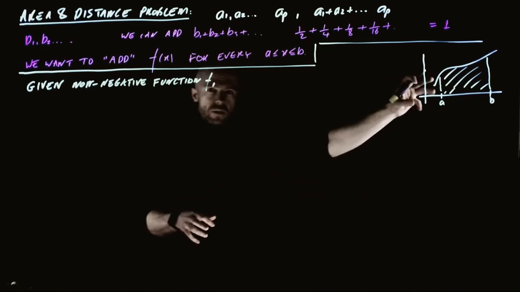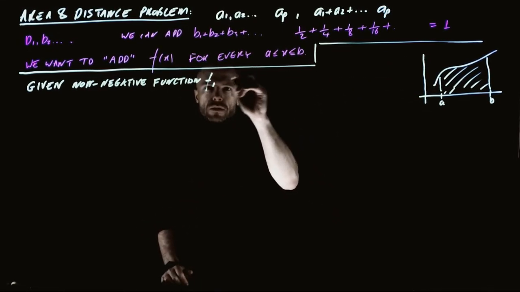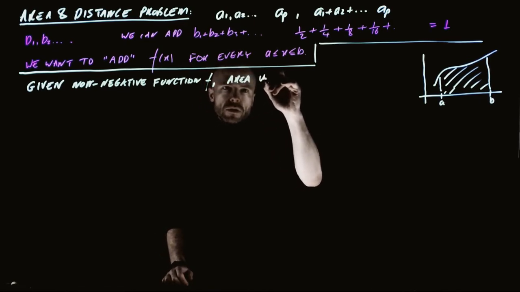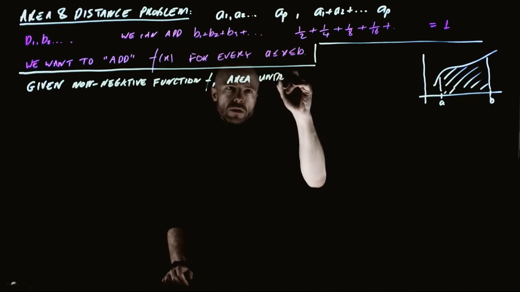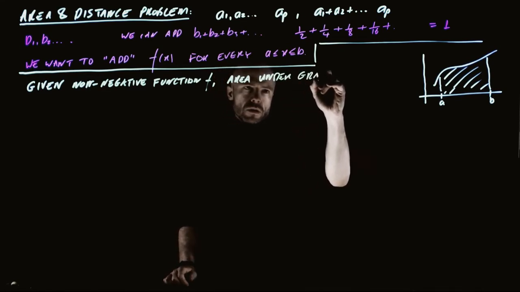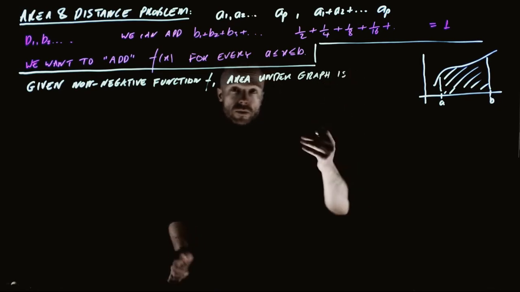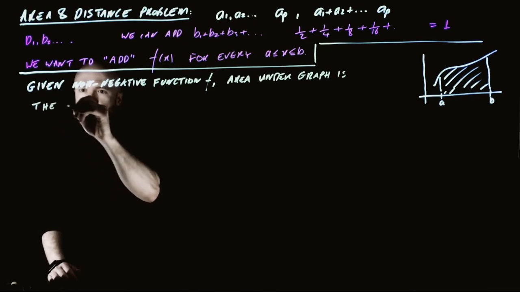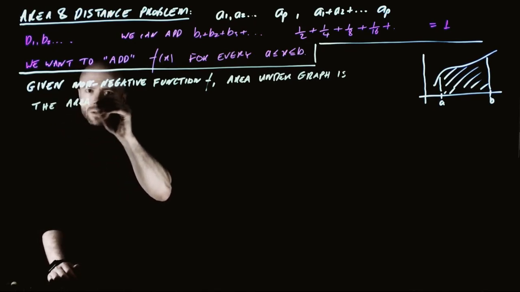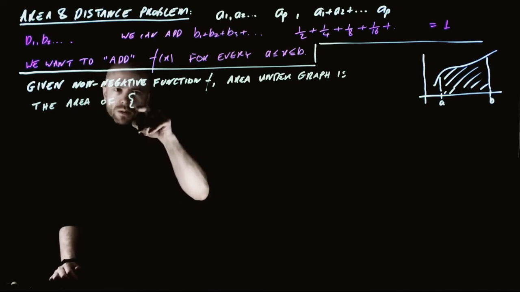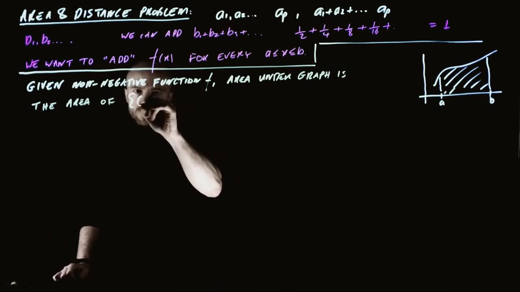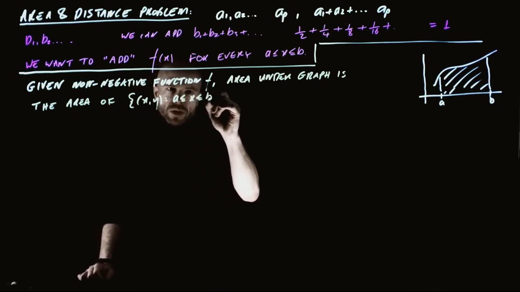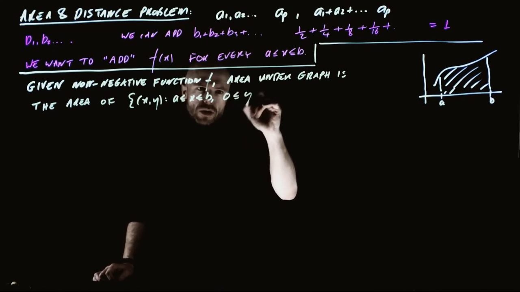So let's describe that quantity in the language of maths. Then area under the graph is the area of this. So this means the set of all pairs x and y, where x is between a and b, and y is between 0 and f of x.